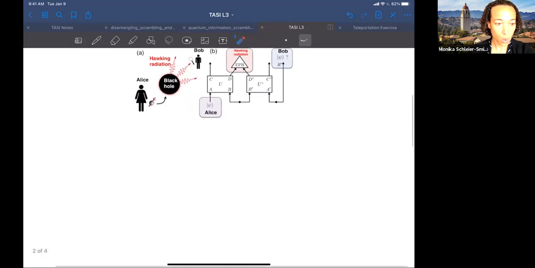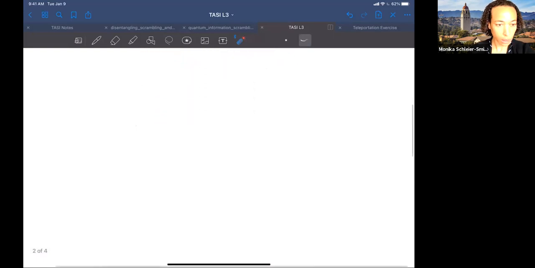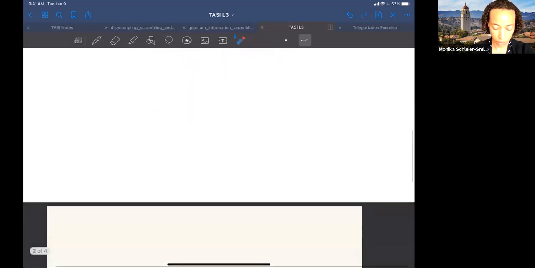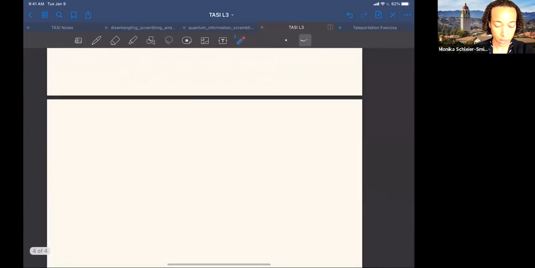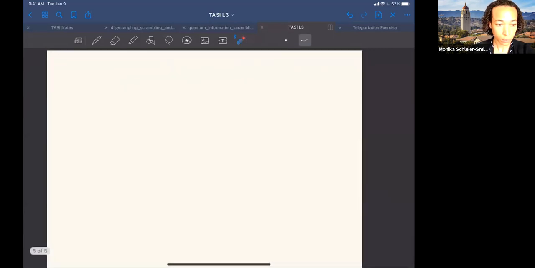Okay, so let me scroll to a blank page, and let's just sketch that circuit for ourselves one more time. So the idea is that we have Alice's state A, and this is Alice's black hole.